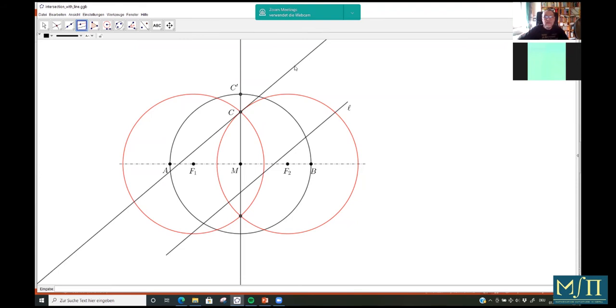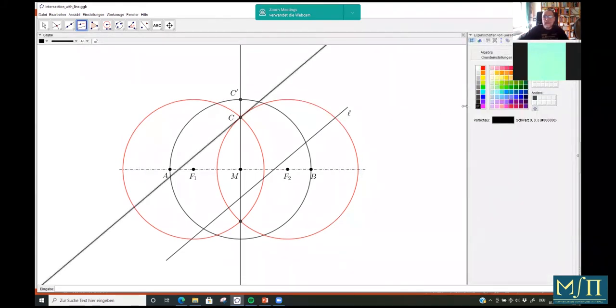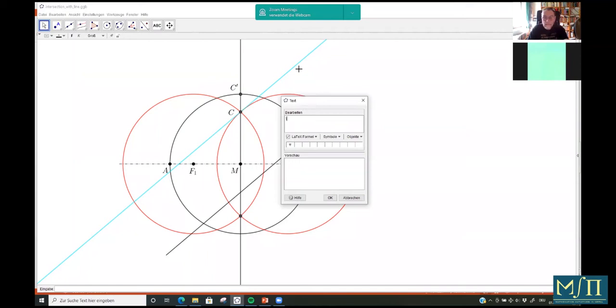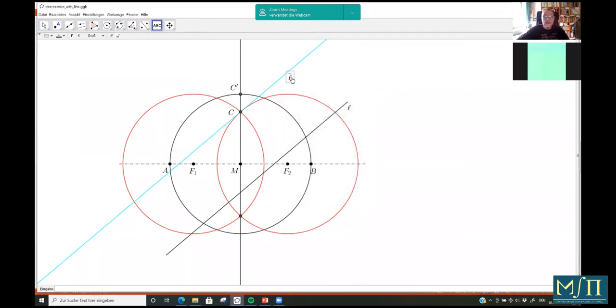I'll do anything that we do in the construction now in this sort of light blue. That makes it a little bit better. So this is now a different line. It's not L itself, but I'll call it L bar.